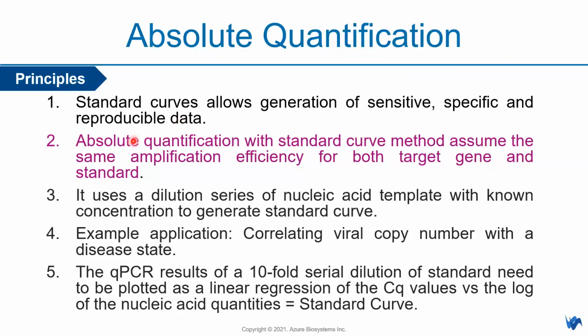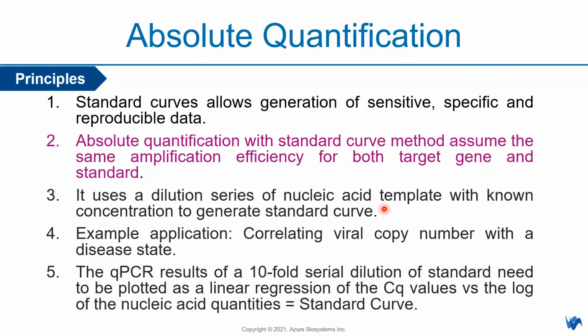Right, the absolute quantification with standard curve method assumes that both the target gene and the standard have the same amplification efficiency. Target here also means your unknown sample. To generate this standard curve, you use a dilution series of nucleic acid template of your choice with a known concentration.